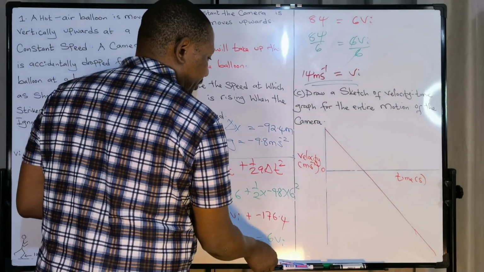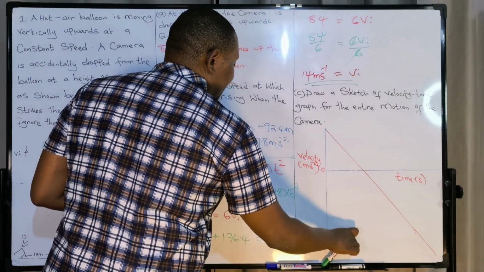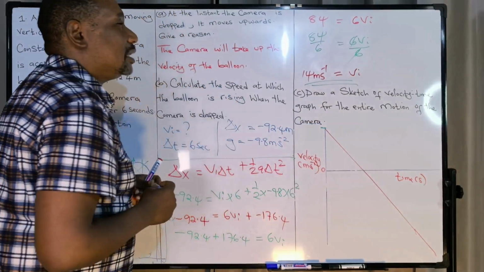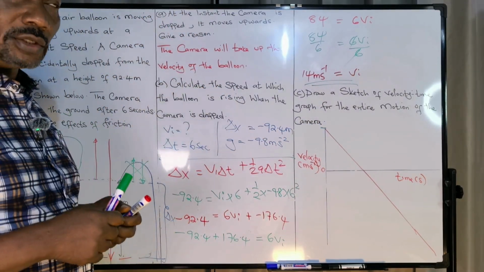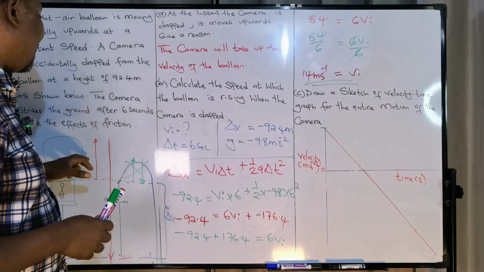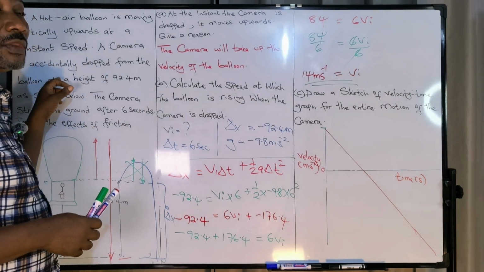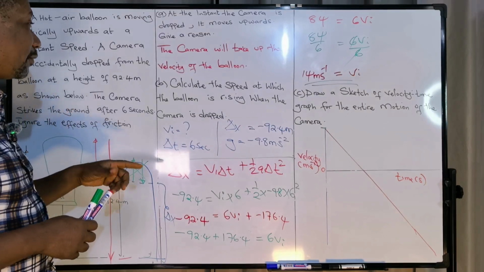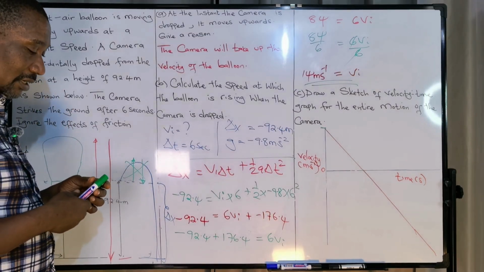And what information do we have on the sketch? This is what you have to remember: whatever we have here is the initial velocity of projection. We have to remember that the camera took up the velocity of the balloon, which we found as 14.